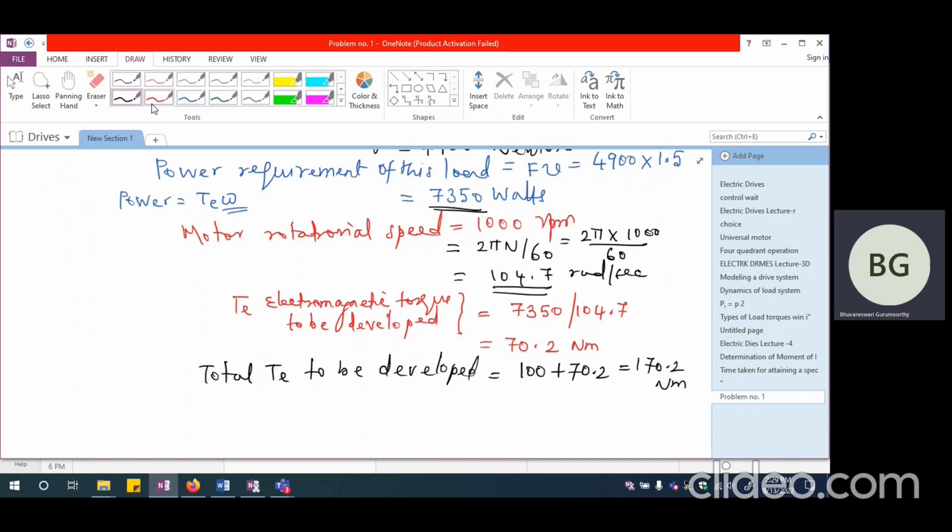So this is the equivalent load torque that is visualized by the motor shaft, or the motor has to develop 170.2 Newton meter if such a mechanism has to work successfully.